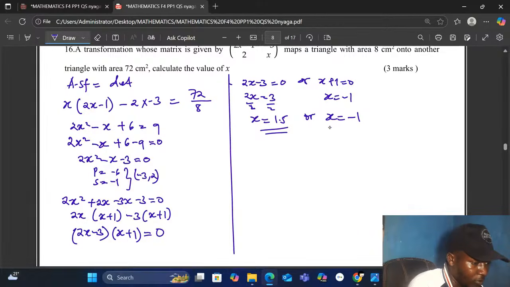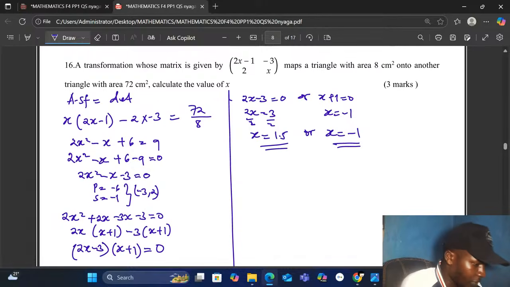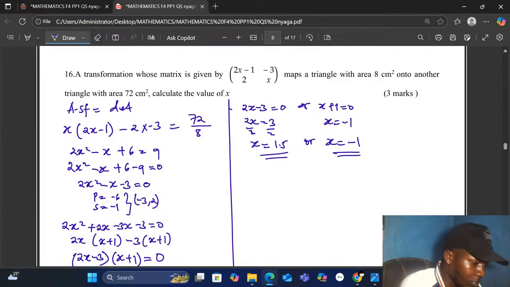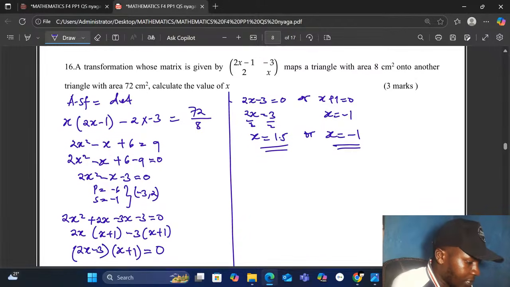So this is what we are going to have as our values of x. So calculate the value of x. So these are the values of x that we are getting. That is how now you get your 3 good marks for question number 16.